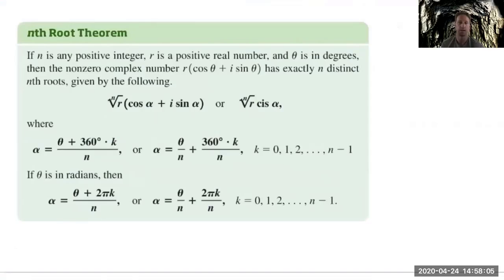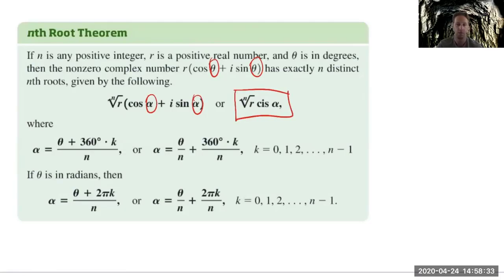this is what it would actually look like for your notes in a little bit condensed form. And they're using alpha instead of theta, because remember that angle theta that they originally gave us here and here is going to change. And so they're rewriting it as this, which again, I prefer this form. And we're going to end up taking the nth root of our r, raising it to that power 1 over n.